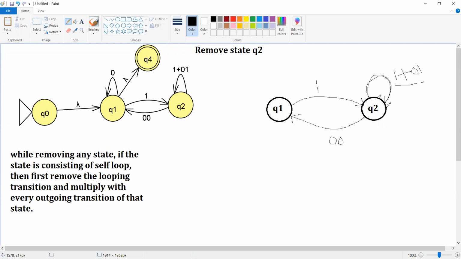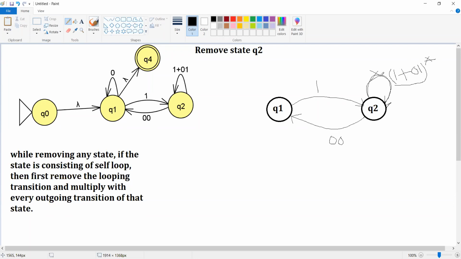As I have selected this Q2 state for removal, before removing it, first I need to remove this loop term. Whenever you get a loop term, we represent it with a whole star, so we get the loop term 1 plus 01 whole star.